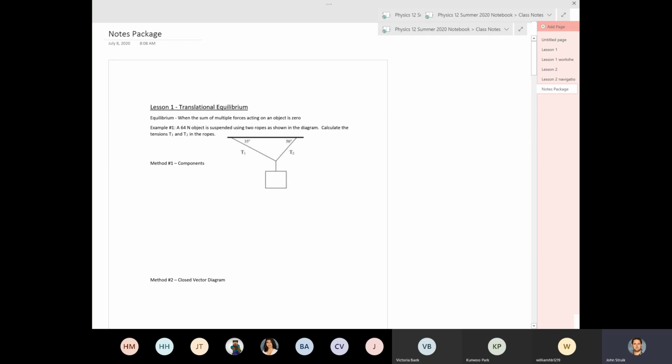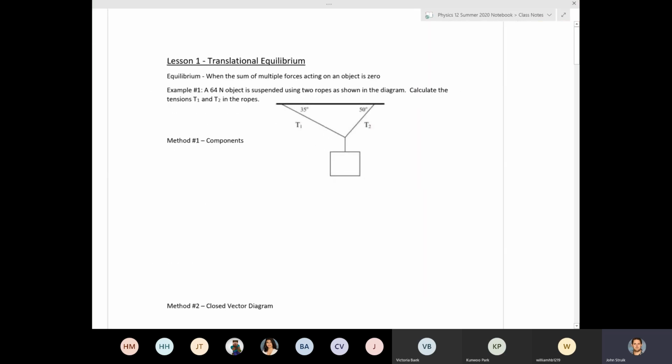Okay, so this notes package, it's a big file. Not that big, but I think most of them will be like this from now on, where I'll give you all the notes at once, and then you can print off a whole package, and then we'll just go through them day by day.